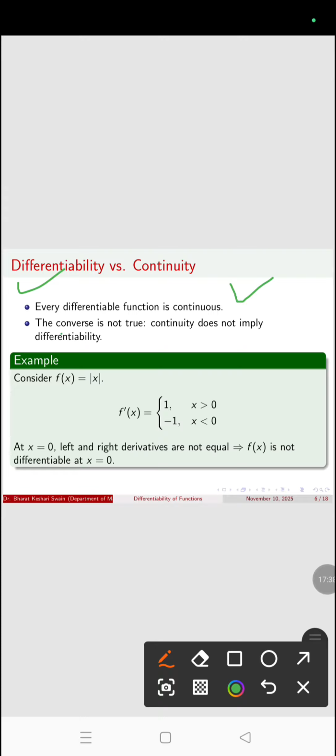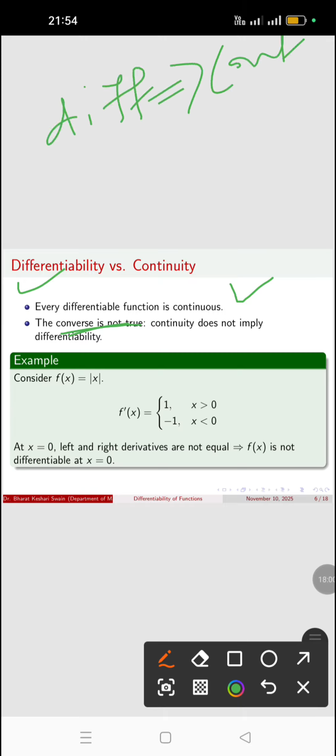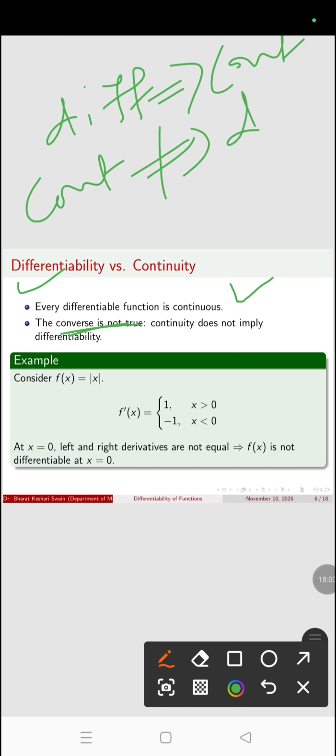But the converse is not true. If a function is continuous at some point, then we cannot say whether it is differentiable or not. It may be differentiable, it may not be differentiable. So differentiability implies continuity, but continuity does not imply differentiability.